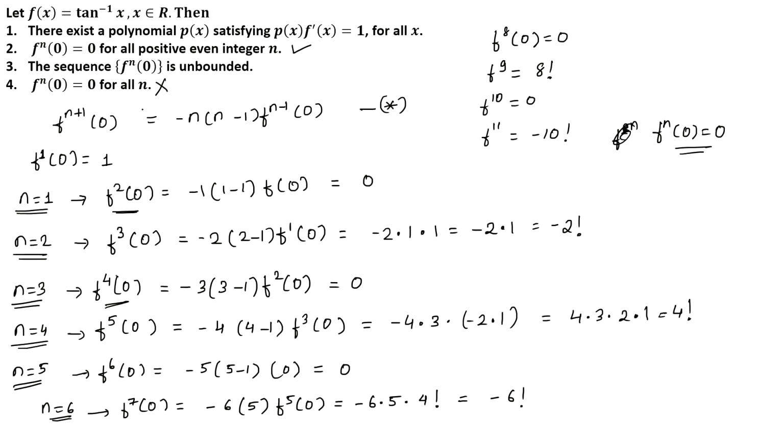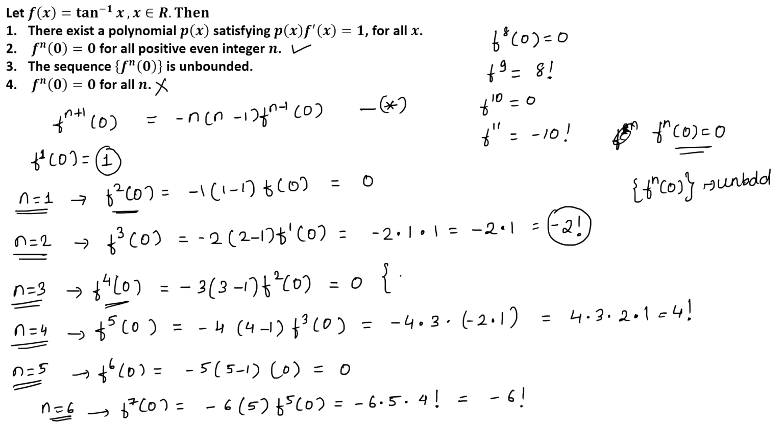Now for option 3, the sequence f_n(0) is unbounded. As you can see, f_1(0) was 1, f_3(0) is −2 factorial.